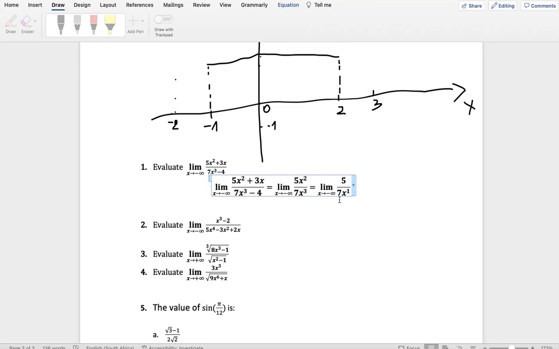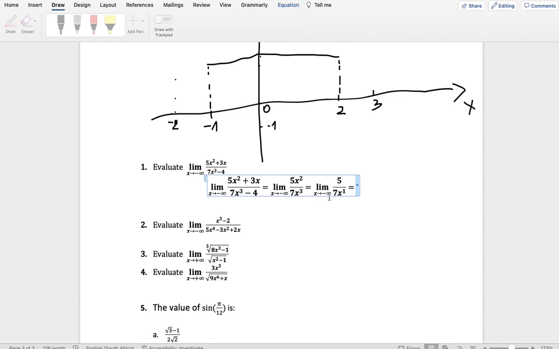I'm writing the 1 there just so you can understand the degrees better. So now we have 5 divided by 7x to the 1, which is just 7x.